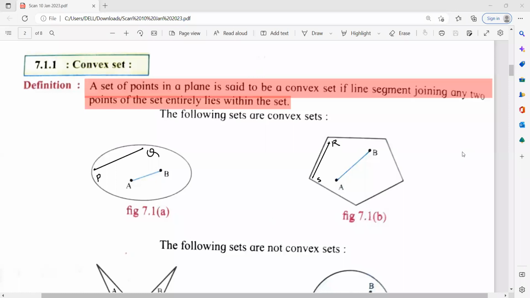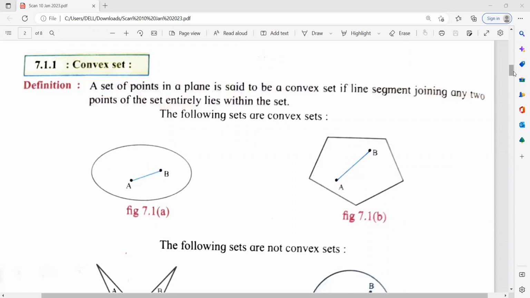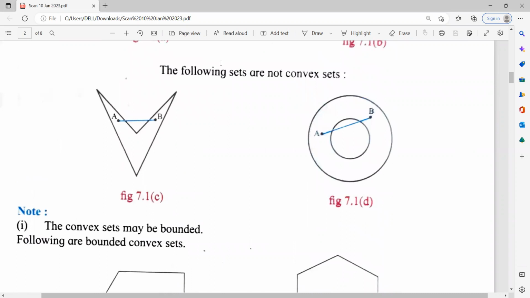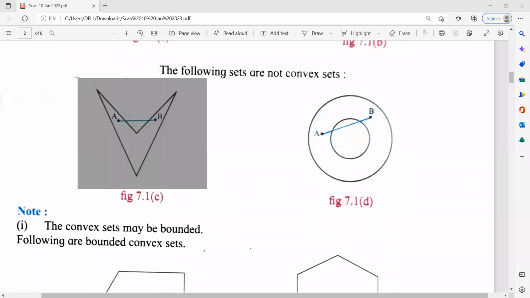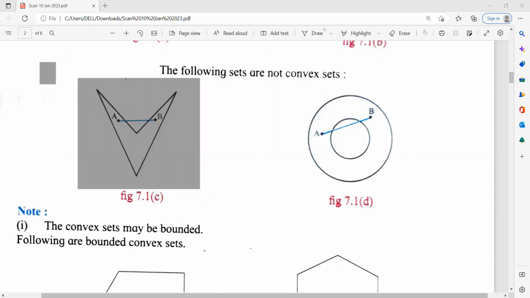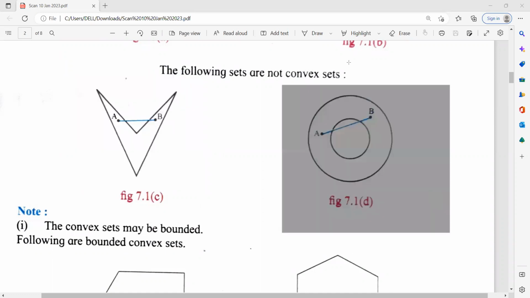Now students, please understand that if I have any such set, look at this. These sets are not convex sets. Yes, you heard me right. Even this set is not a convex set.